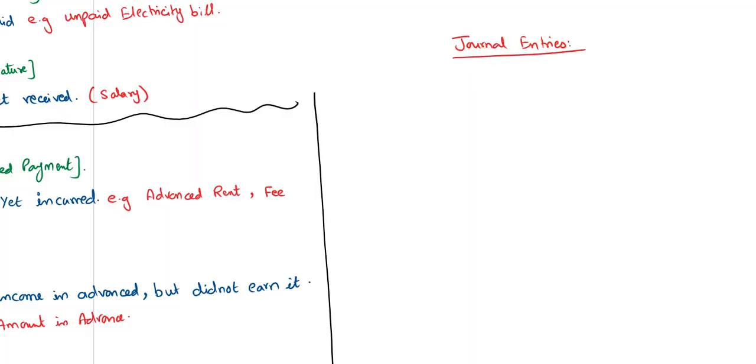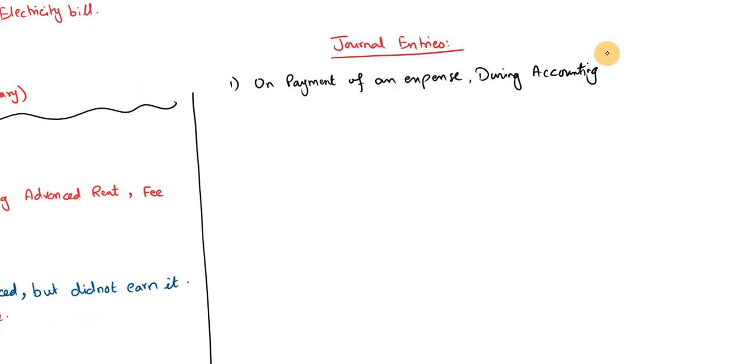The first journal entry is on payment of an expense which happened during the accounting period.